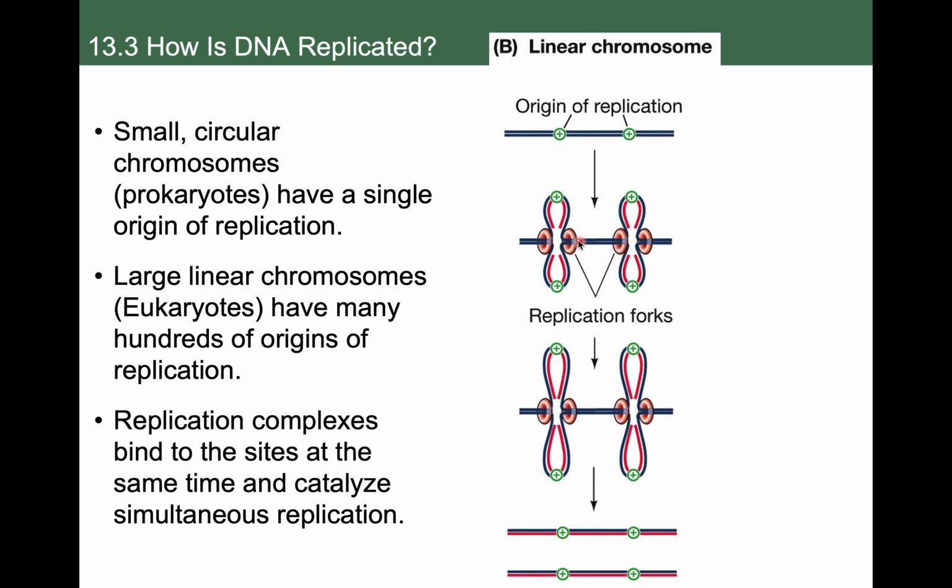So you've got situations like this where you've got multiple replication bubbles right next to each other, getting bigger and bigger, and eventually they all run together, and we've completed the whole process of replication. So that also allows for the S phase to be pretty quick.